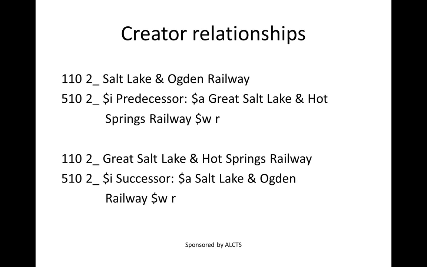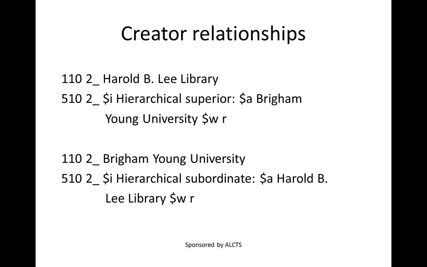Looking at these three examples, the relationships are recorded in MARC authority records in the 5XX fields, with the relationship designator clearly entered and the other entity linked through its authorized access point. In this example, linking these two records in a predecessor-successor relationship. The same mechanism is used for recording hierarchical relationships.